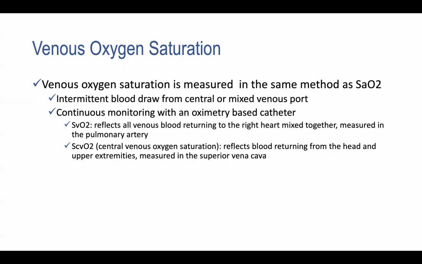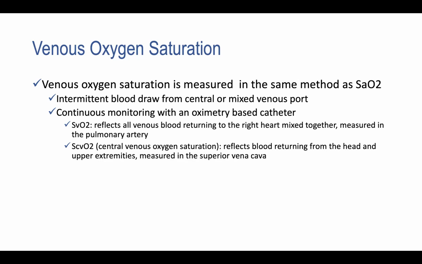It really reflects blood that returns from the cerebral environment, the upper extremities, because it's measured typically in the superior vena cava. So it doesn't necessarily reflect the total body use of oxygen, but it's still going to be meaningful, and it still tends to trend in the same direction.